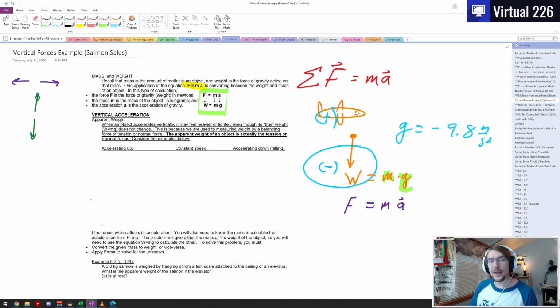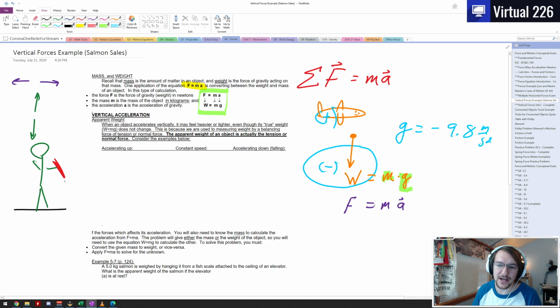But whenever you step on a scale, the scale isn't actually measuring your weight, which is a little weird to think about. You can trick a scale pretty easily. If here's a scale on the ground and you're standing on it, it should read your weight, right? But what if you were also holding your body up on a towel rack in your bathroom?